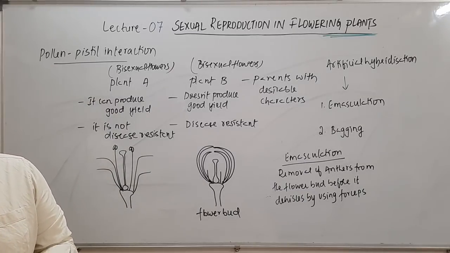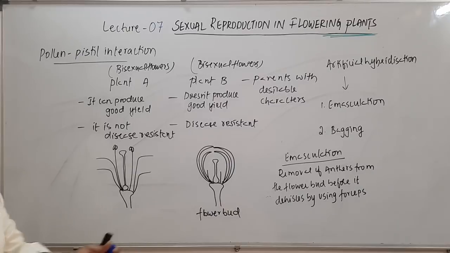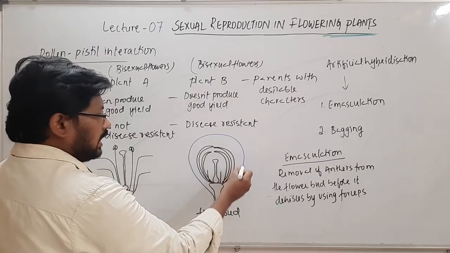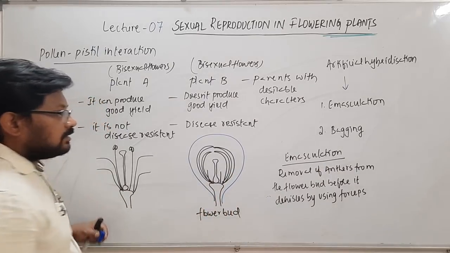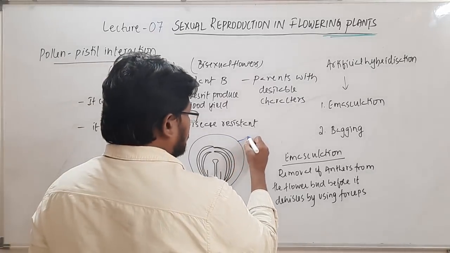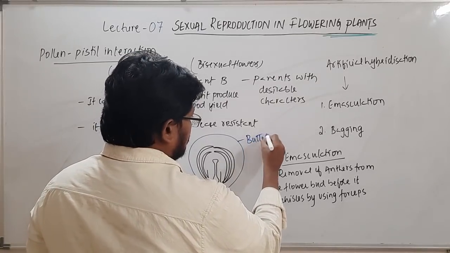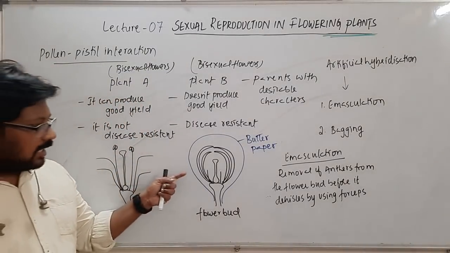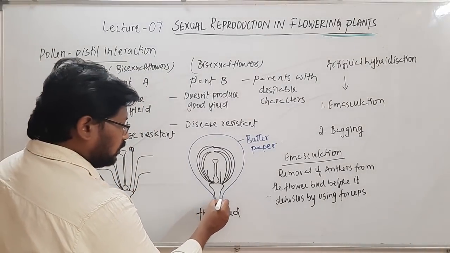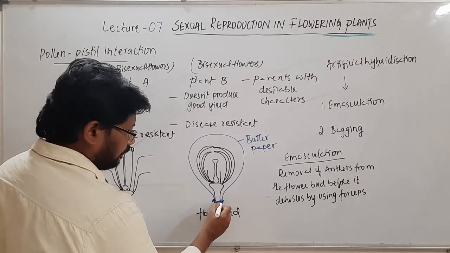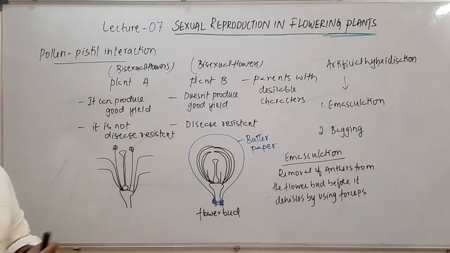Once emasculation is completed, I need to cover this flower bud with a bag, usually made up of butter paper. So this is a butter paper. With that butter paper, I am going to completely close that flower.